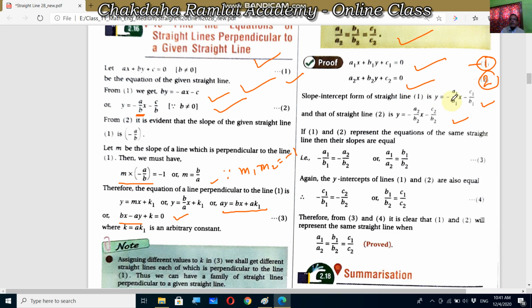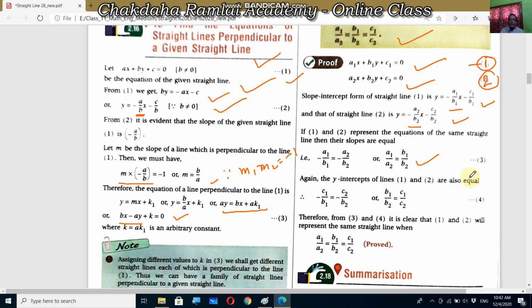That is, minus a1 by b1 is equal to minus a2 by b2. That implies a1 by a2 is equal to b1 by b2. Again, the y-intercepts of lines 1 and 2 are also equal. Therefore, minus c1 by b1 is equal to minus c2 by b2. That implies b1 by b2 is equal to c1 by c2.